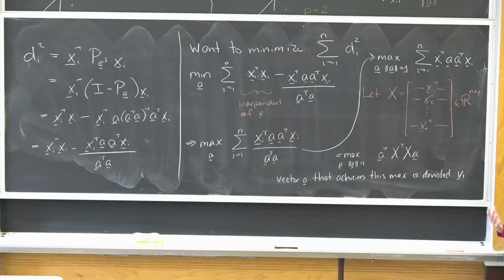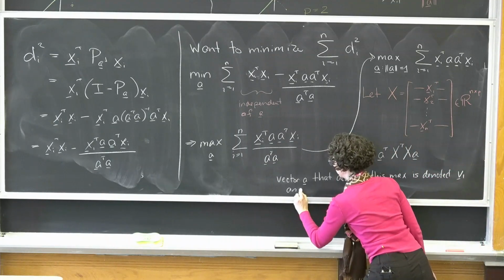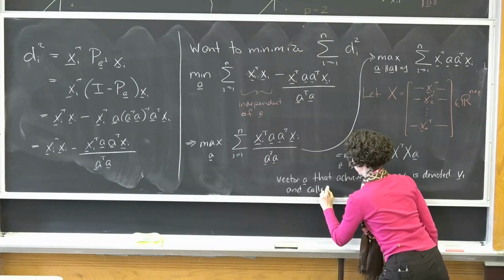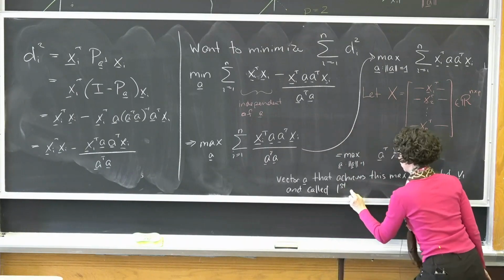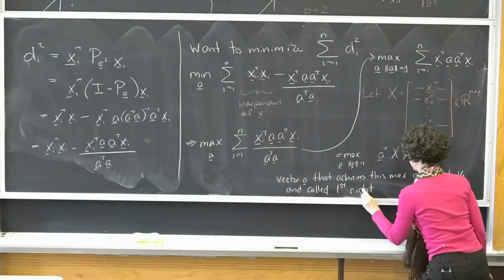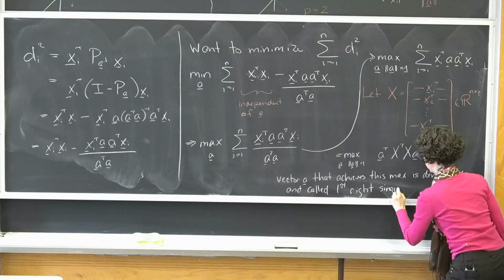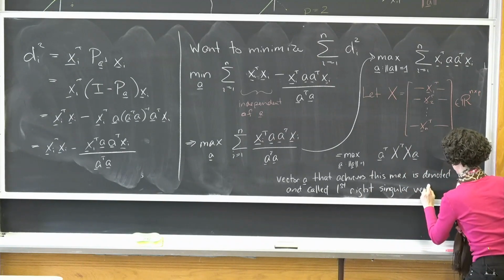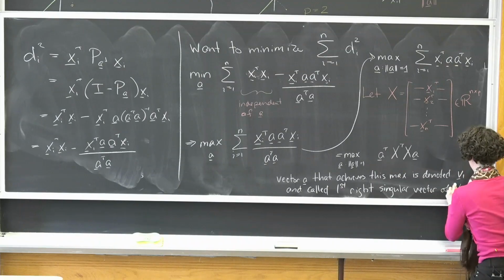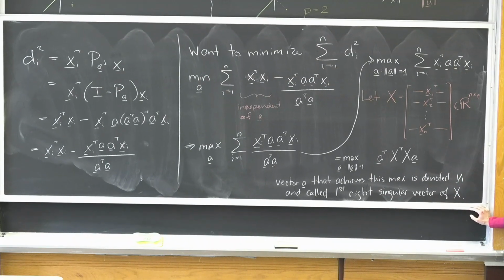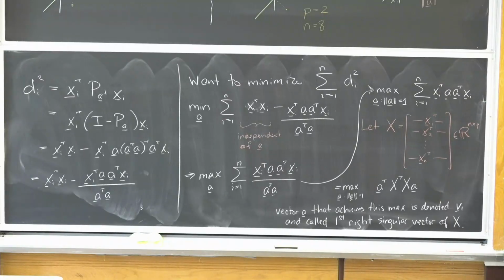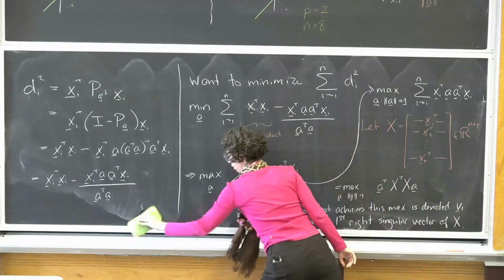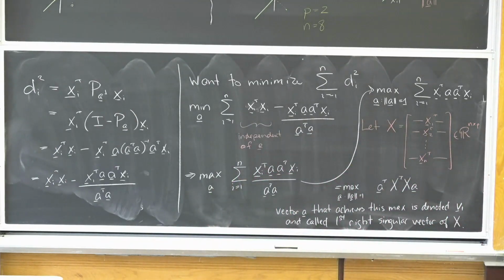This is what we had on the very first board today, and called the first right singular vector of the matrix X. Okay, so I want to flesh this out a little bit more, but are there any questions so far?